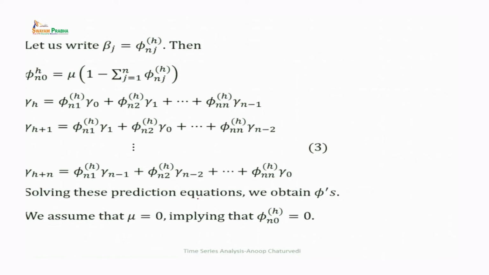Then solving these prediction equations, you can obtain the values of phi's. Now, suppose we assume that mu is equal to 0, then obviously this implies that phi n naught h is equal to 0.